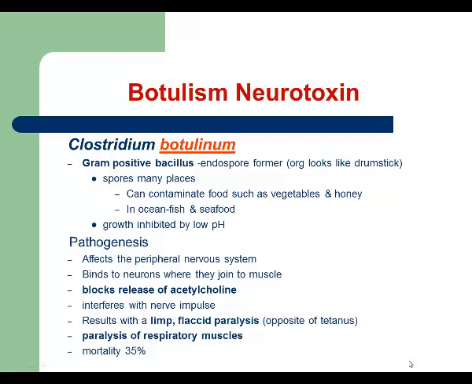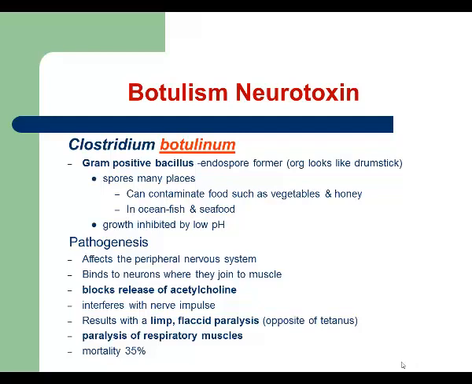So what is the pathogenesis of this infection? As I said, a causative agent of this infection is a neurotoxin that is produced by Clostridium botulinum. And what it does, it actually blocks release of acetylcholine, and as a result, impulses will not be transmitted, and patients develop limp or flaccid paralysis.